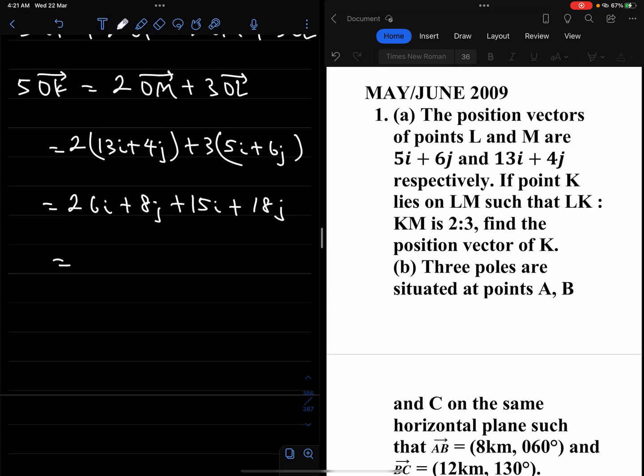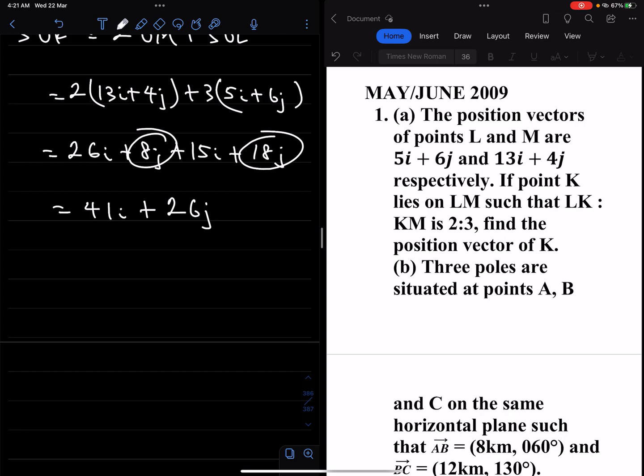And that's the same as 26i plus 15i is 41i plus, now 8j plus 18j is 26j. So this simply means 5OK equals 41i plus 26j.